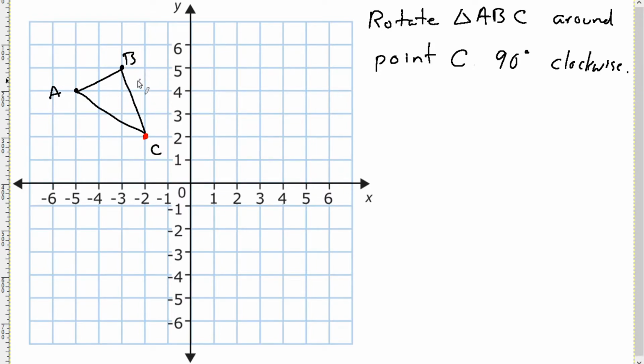We're basically going to take this whole triangle, and since we're going clockwise, remember clockwise going that way, we're going to take this whole triangle and just kind of shift it like that. Okay. So let's go CB. That's going to be the line that we're going to take. If you kind of tilt your head to the left, you can imagine that this is kind of your 0 degrees.